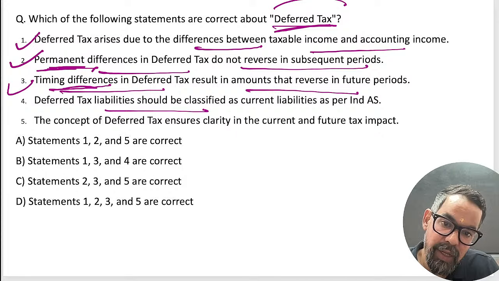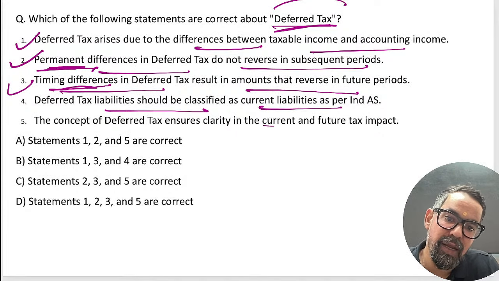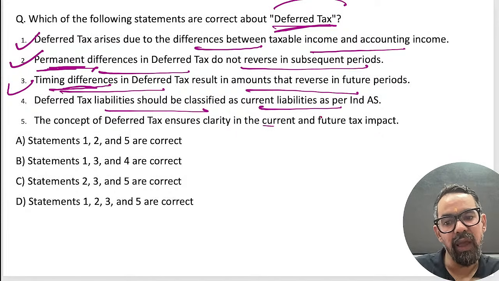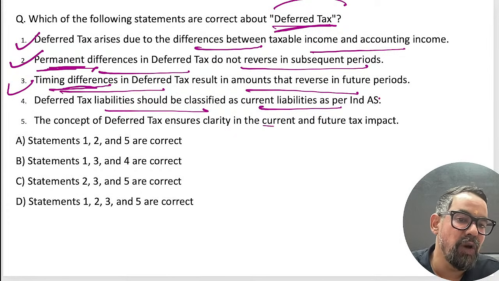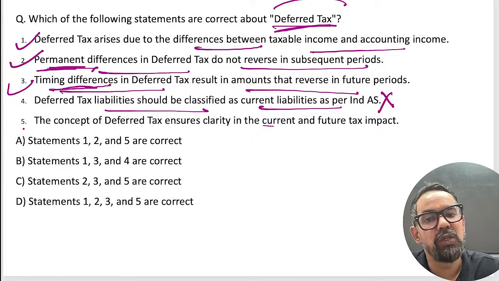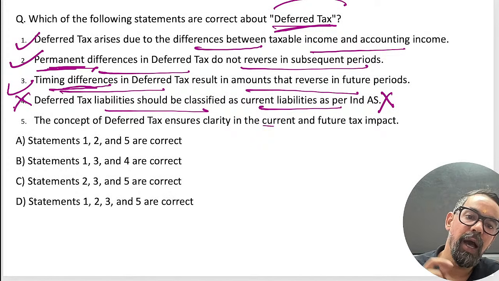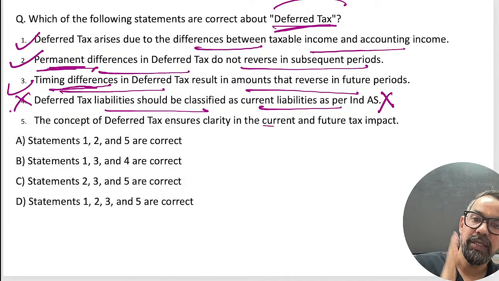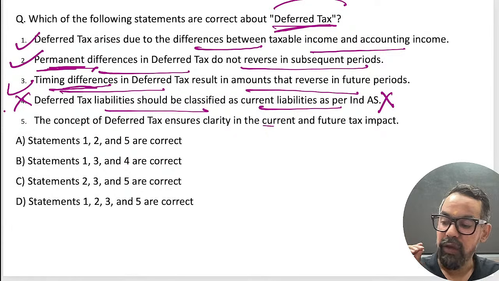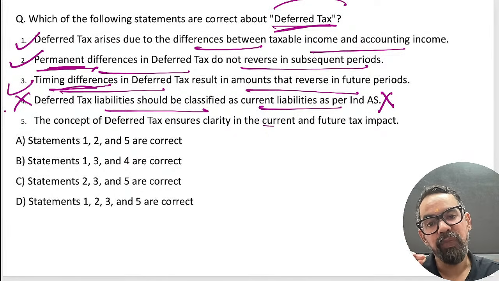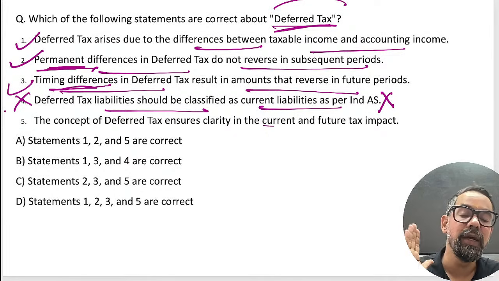Deferred tax liability should be classified as current liability as per the accounting. Now you remember, yesterday only we talked about this. This is 100% wrong. As per the Indian accounting standard, whether it is deferred tax asset or liability, it should be part of non-current. If it is deferred tax liability, it should be part of non-current liability.